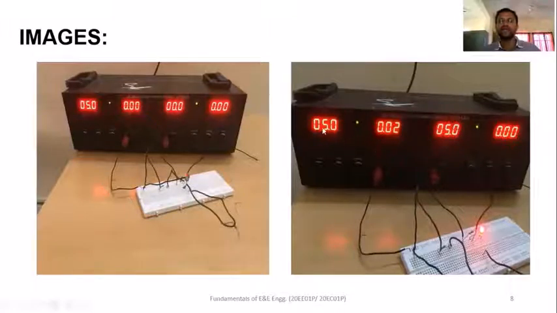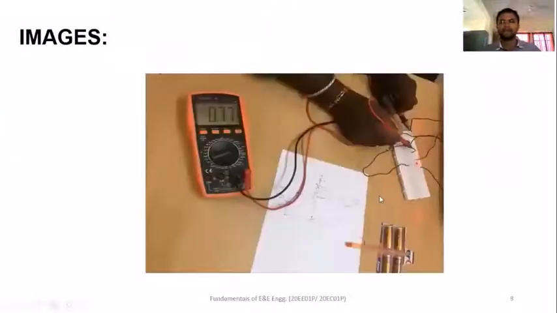In the second case, VCC is 5 volts, the input voltage is also 5 volts, and thus the LED will be turned on, since the transistor is turned on. When the transistor is turned on, you can see the LED glowing here. Even though the input voltage is 5 volts, 0.7 volts is required as a threshold voltage to turn on the transistor.